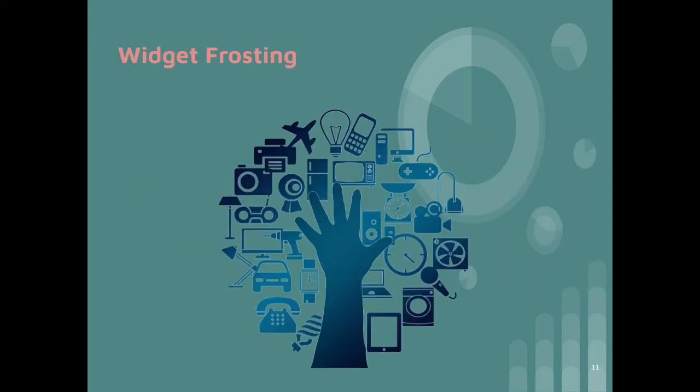The next model is called Widget Frosting, and really what that means is that the company is selling a hardware device, like an IoT device or maybe a computer or consumer electronics device. So what the company is selling is the actual hardware product, and then they use the open source software to power it.